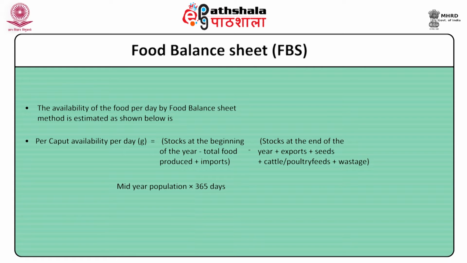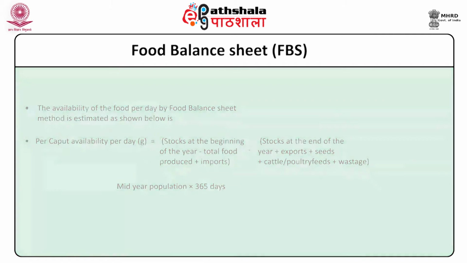The total quantity of foodstuffs produced in a country added to the total quantity imported and adjusted to any change in stocks that may have occurred since the beginning of the reference period gives the supply available during that period.